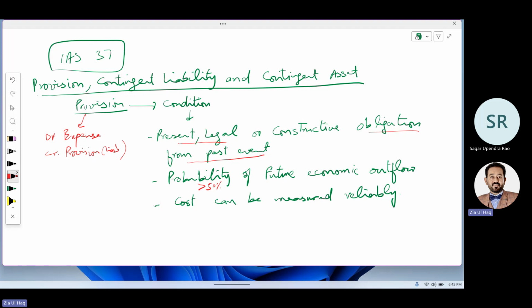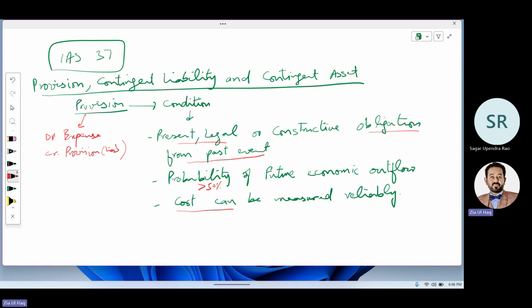This means there are chances above 50%. And cost can be measured reliably, meaning the amount is stated, how much you have to pay as a fine or penalty. If all these three conditions have been fulfilled, you need to create a provision in the financial statements, though the payments will be made in the future.